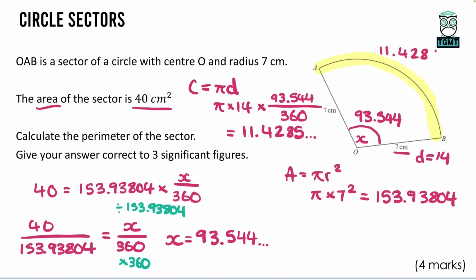11.4285. Now the full perimeter is going to be the 7, and the 7, and the 11.4285. So I want to add all of those together.